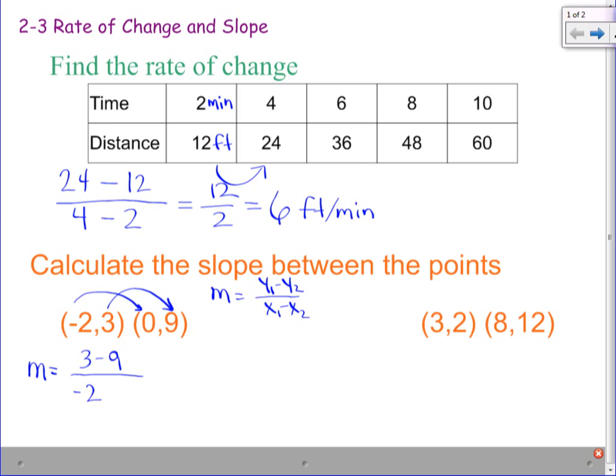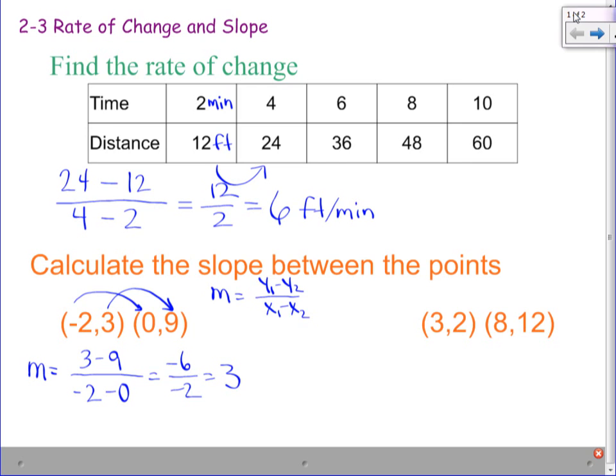So then we'll go -2 minus 0. We simplify and we get -6 over -2, which is +3. Okay, so that's the slope between those 2 points.